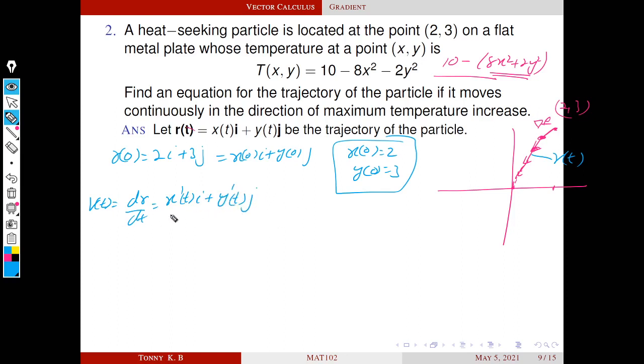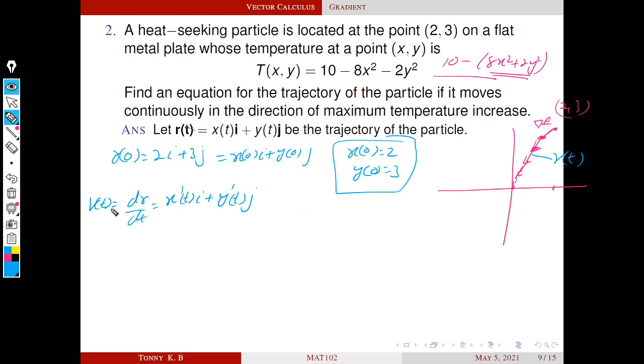And what is the direction of velocity? The direction of velocity is the direction of the gradient. Why? Because the particle always moves in the direction of maximum temperature increase. That is the direction of the gradient. So the direction of velocity is always in the direction of the gradient, only its magnitude may differ.